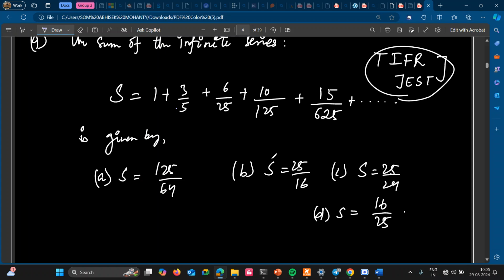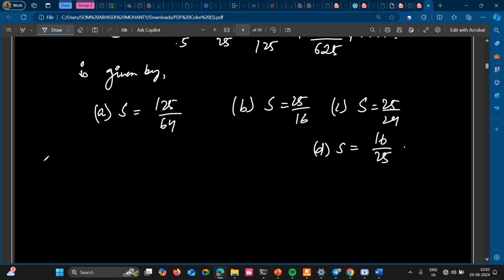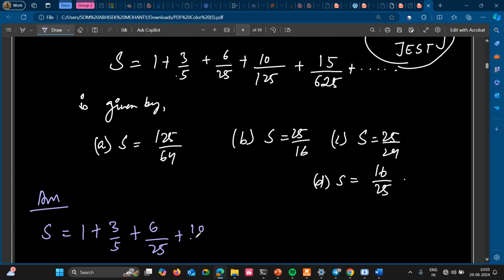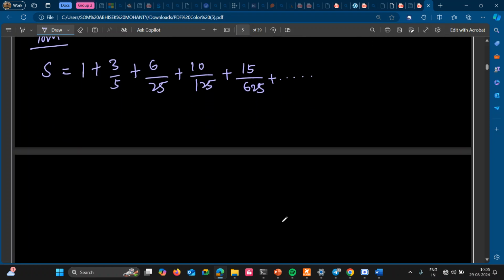Any pattern in this? Let me write it again. S is equal to 1 plus 3 by 5, 6 by 25 plus 10 by 125 plus 15 by 625. So is there any pattern here?